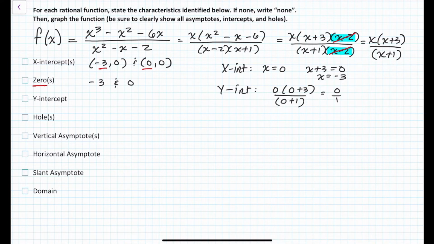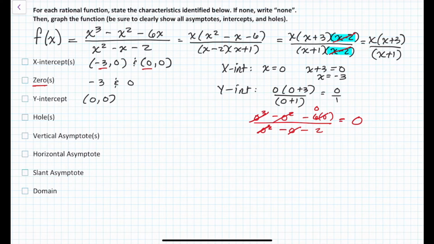And so our y-intercept then would just be 0, 0. So if we had just covered up the x's in the original equation with our finger, you could easily see that your answer would just be 0 for your y-intercept. So again, we're going to write that as a coordinate point as 0, 0.